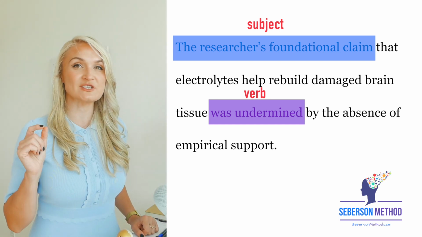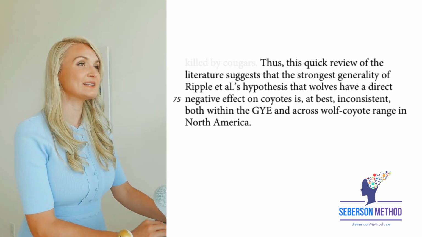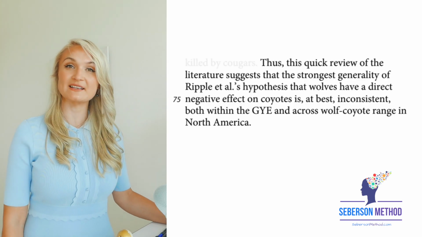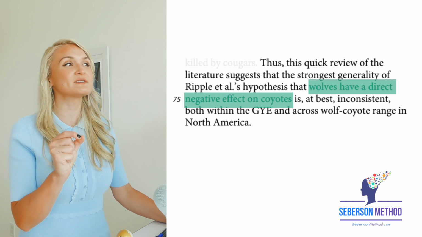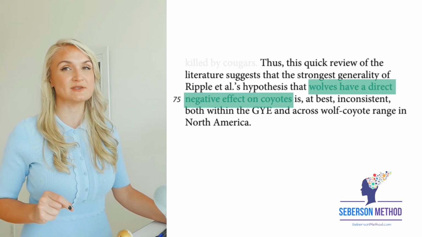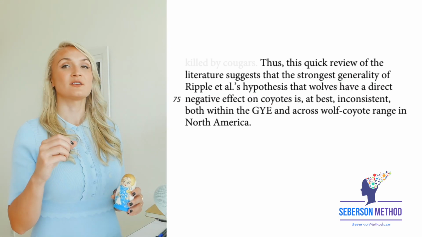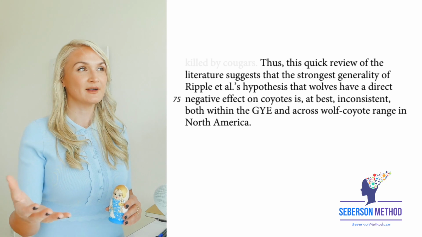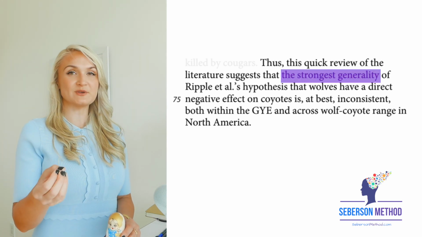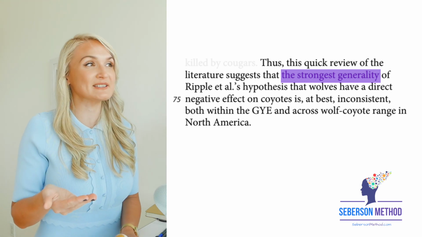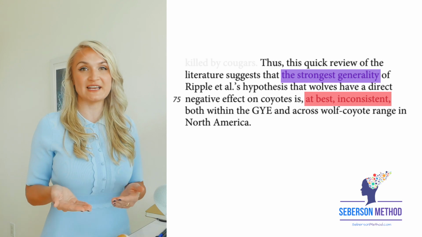I'm going to show you just one sentence that was tested recently on the SAT. This sentence is about wolves and coyotes. The innermost sentence claims that wolves have a direct negative effect on coyotes. Yet, the overall sentence states that due to a quick review of literature, they found that the strongest generality that was the basis of the hypothesis was at best inconsistent with the data.